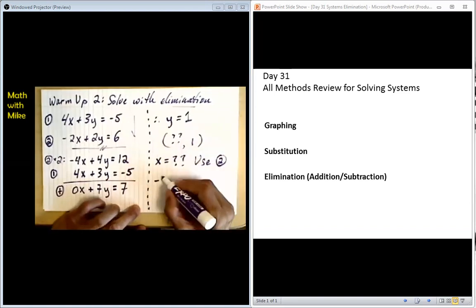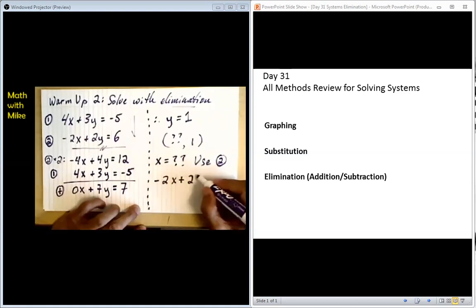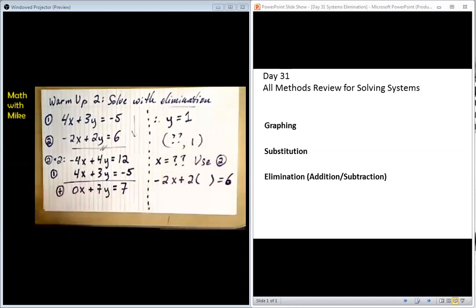So that's minus 2x plus 2. We're going to update that, and it equals 6 there. It's good?